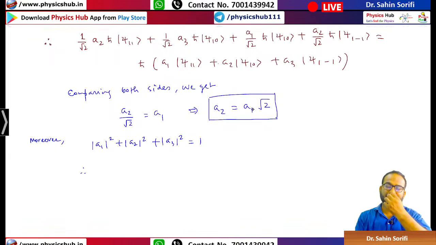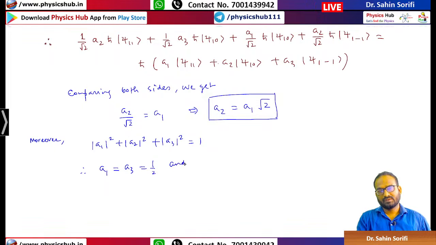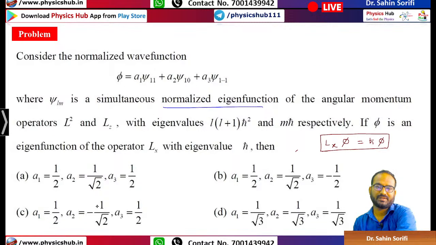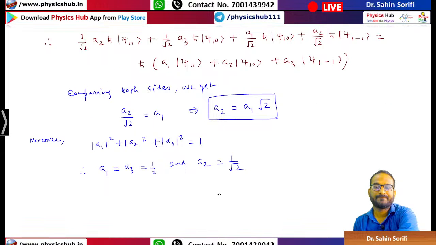Look, a2 is equals to a1 into root 2. Okay. Now if I take a1 is equals to half, a3 is equals to half, then a2 will become 1 upon root 2. So this is from the option actually. If you take this one, then it is matching.